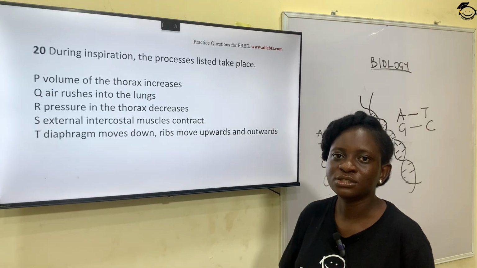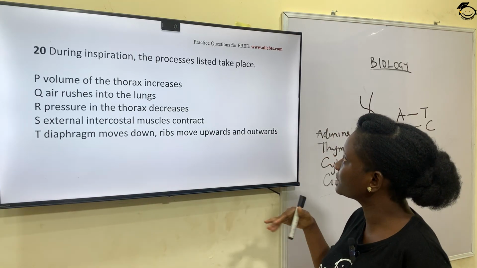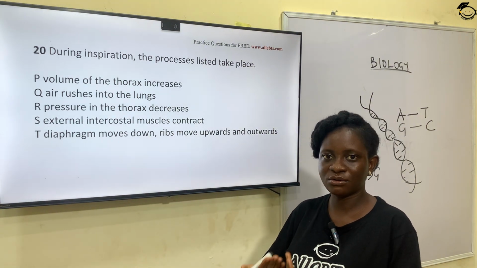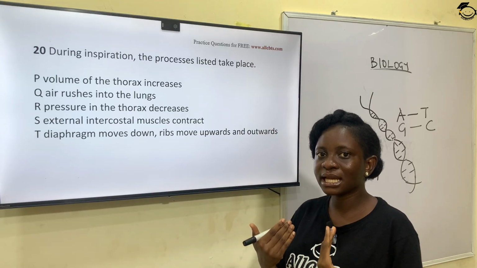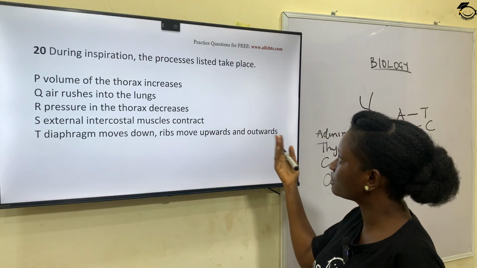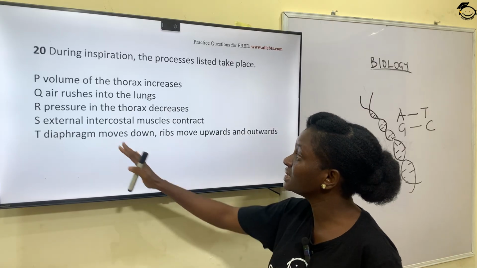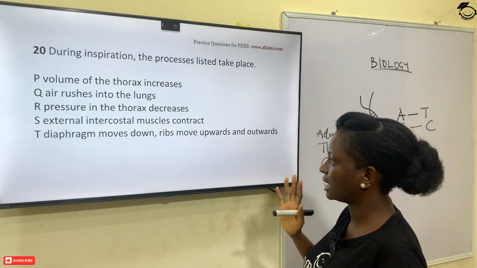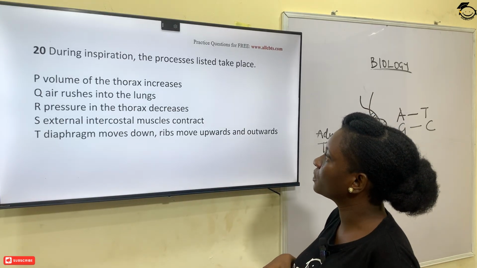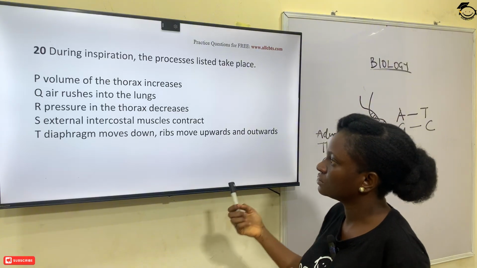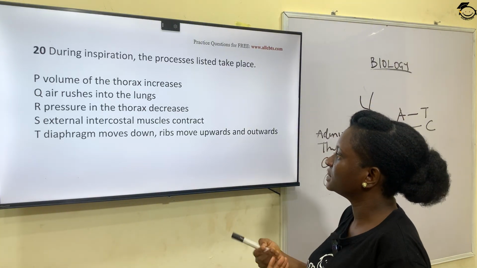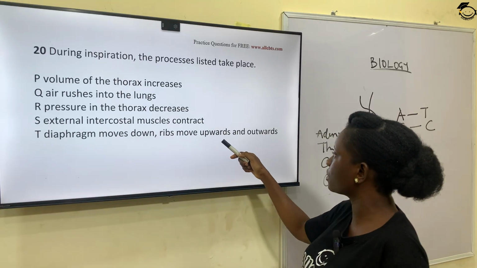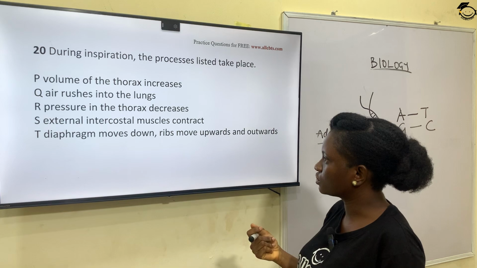Question 20. During inspiration, the processes listed take place. During inspiration, air rushes into the lungs. You are taking air into the lungs. So what processes take place? Which one is in the right order? These are the processes that take place, but we need to list them in the correct order. You are trying to take in air. That means the diaphragm moves down, ribs move upward and outward.